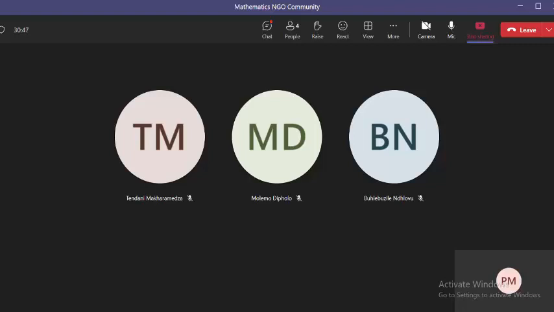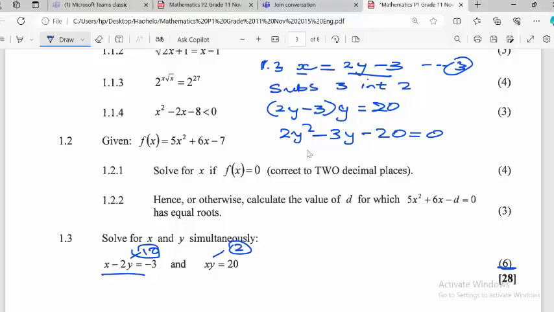If it does not factorize, you can use what we call the quadratic equation. Let me just write the quadratic formula here. Even in your calculator, you use this to find out if it factorizes or not. So minus b plus or minus the square root of b squared minus 4ac, all over 2a.